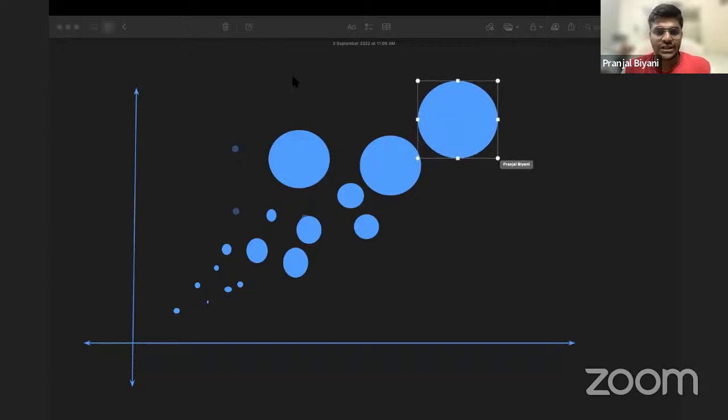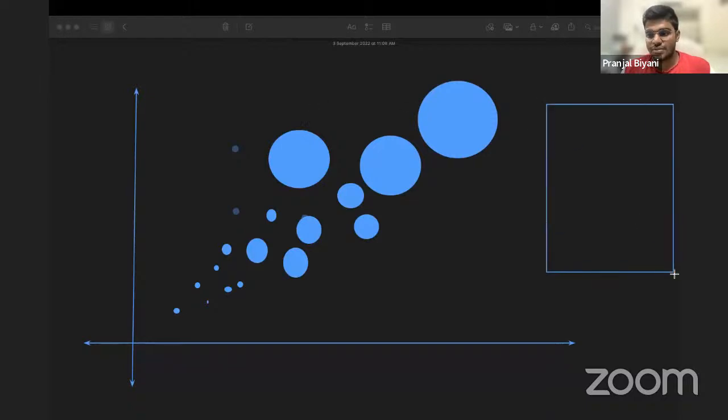So in this case, suppose you have 3 columns: column 1, column 2, and column 3.